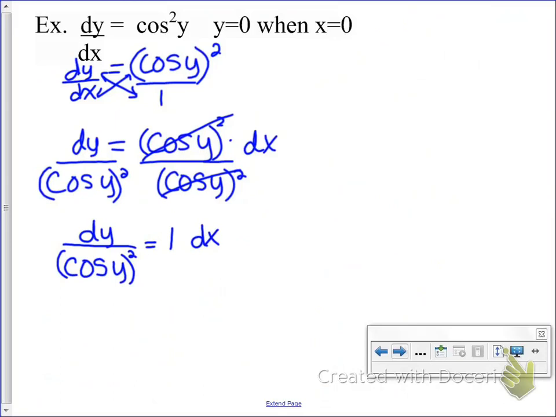Now, it looks a little scary because we don't know how to deal with cosine squared, but we do know how to deal with 1 over cosine squared, because what is 1 over cosine's partner? Secant. Remember, c goes with s. So secant squared we are familiar with. I'm going to rewrite it.